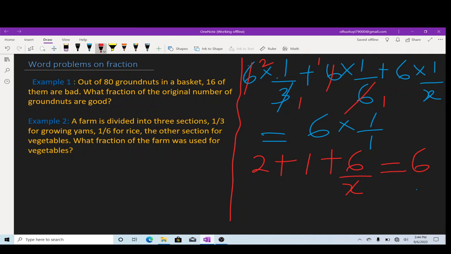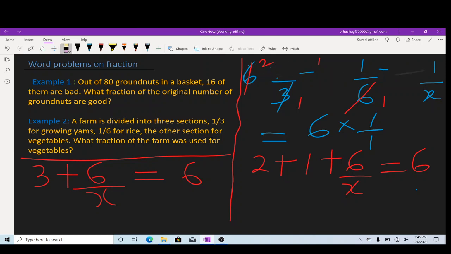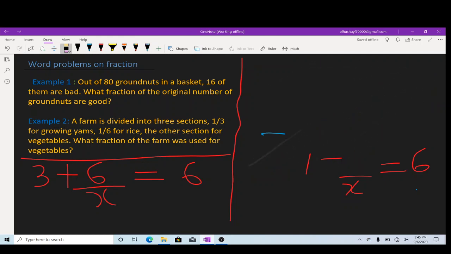We have 2 plus 1, you have 3, plus 6 upon x, that is equal to 6. Yes, you can collect like terms. How do you collect like terms? One term has a denominator of x, which is our unknown. Others are numbers.